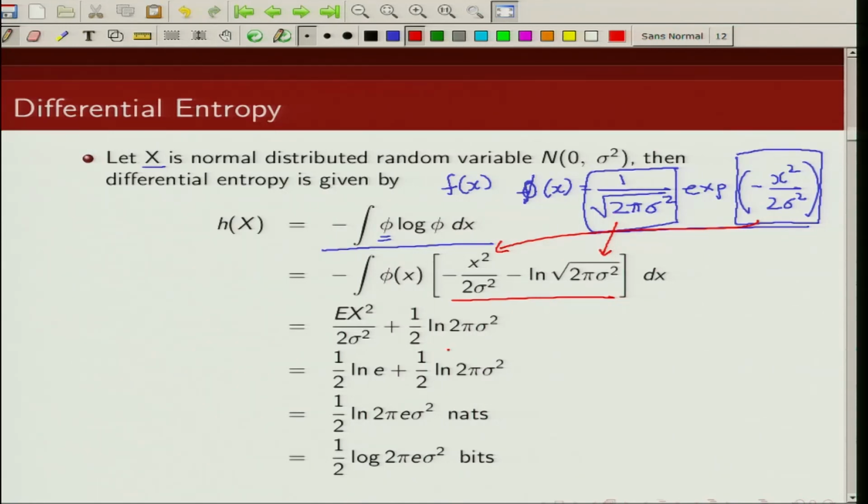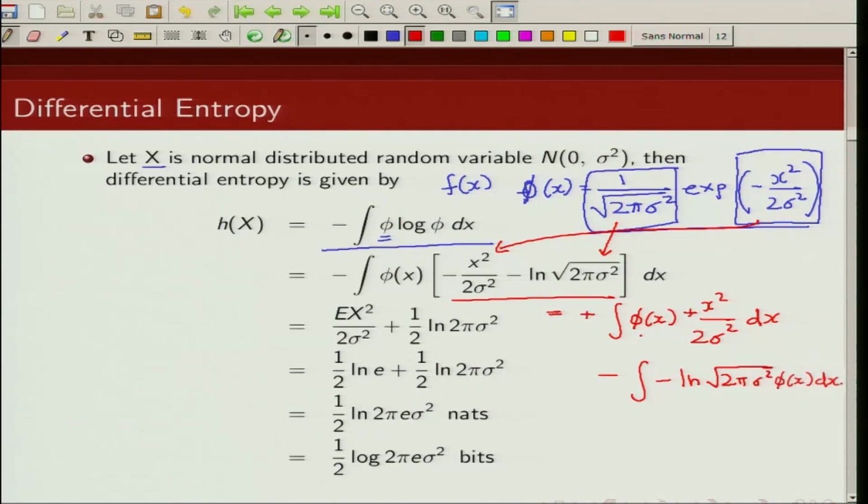Now this can be written as minus phi of x times minus x square over 2 sigma square dx, and minus of minus natural log of 2 pi sigma square times phi of x dx. So this minus minus becomes plus.